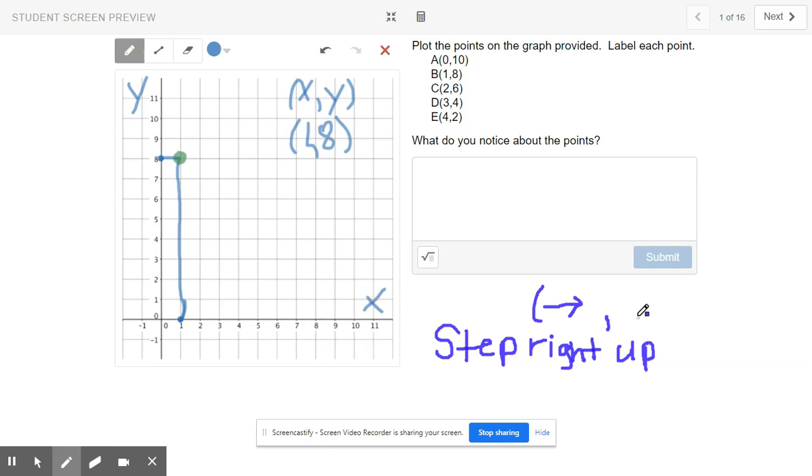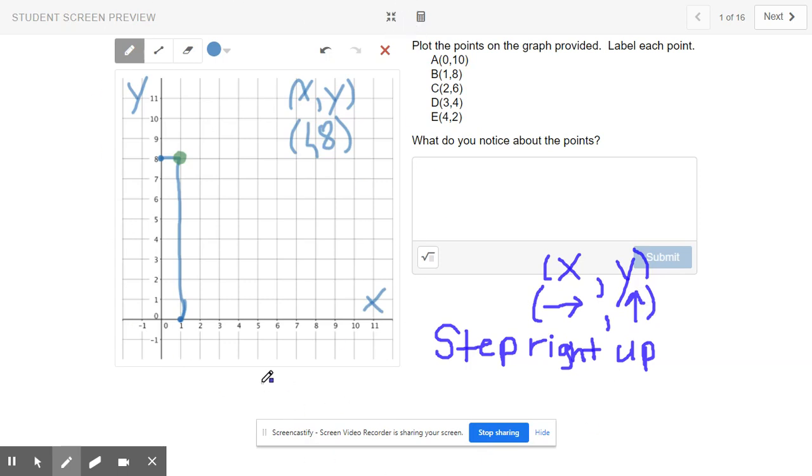And the second part, up, tells you whether you go up or down. So the x comes first, so you go right or left first, and the y coordinate is second, and it tells you where to go up and down.